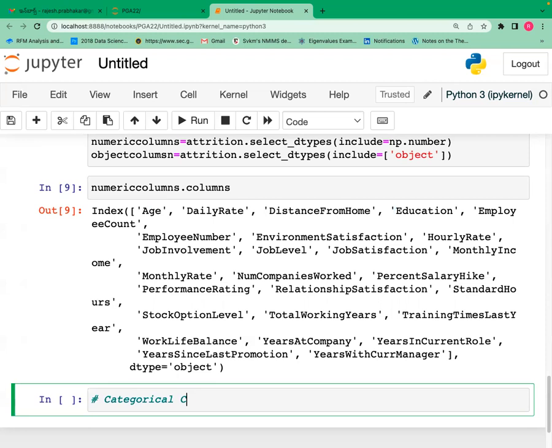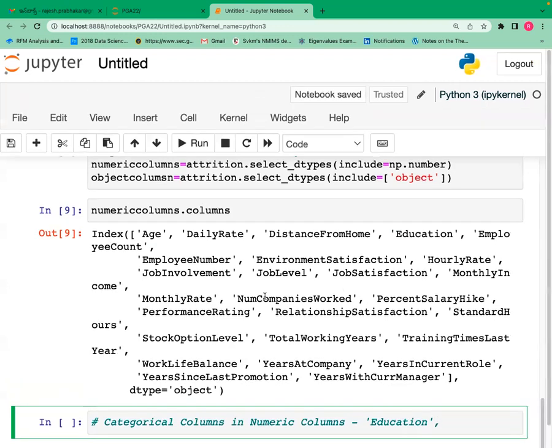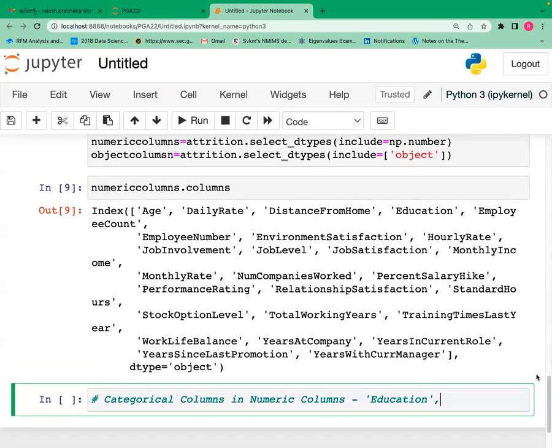Categorical columns in numeric columns: the first one would be education. Then employee count is numerical only. Employee number, we will anyway delete because it has too many distinct numbers. Environment satisfaction is categorical, right? Levels will be there.